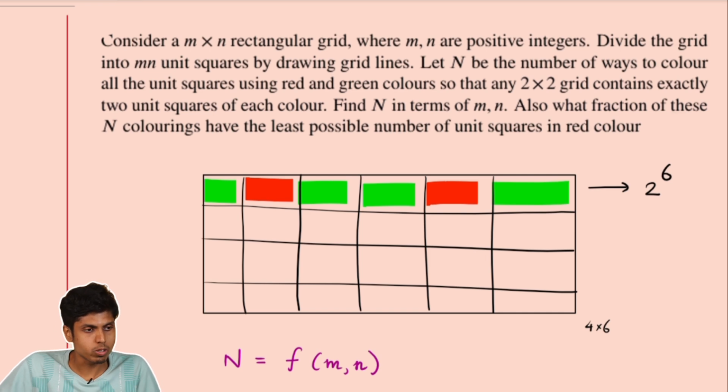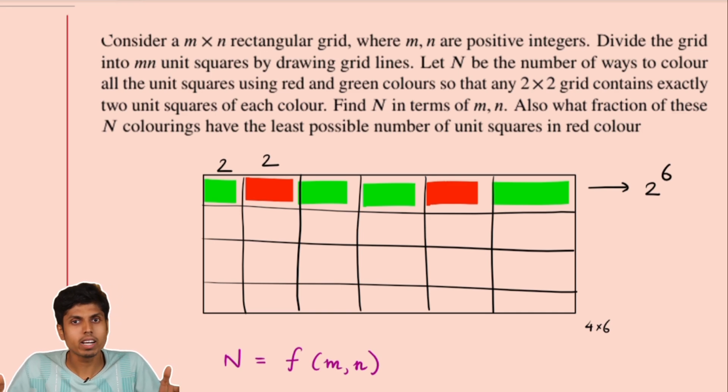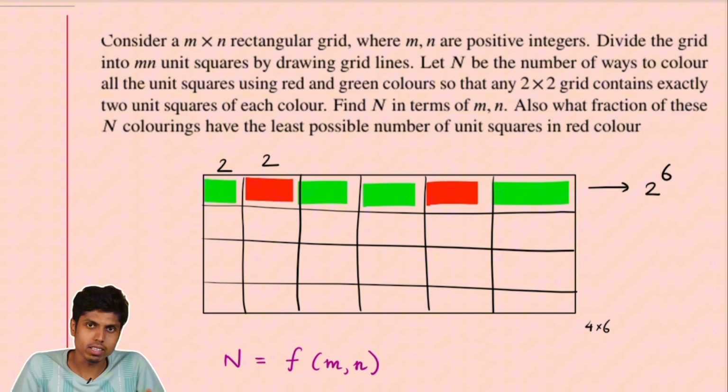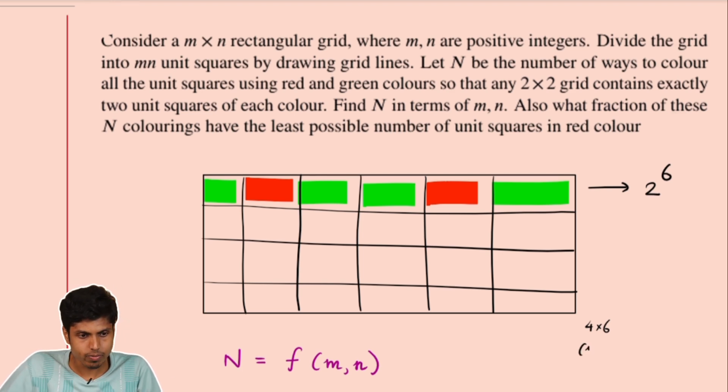So 2 possibilities for the first cell, 2 possibilities for the second cell, and all of them multiply because they are independent and occurring simultaneously. So in general, if you consider m cross n, there are n columns. Equivalently, you will have 2 power n ways to perform this.